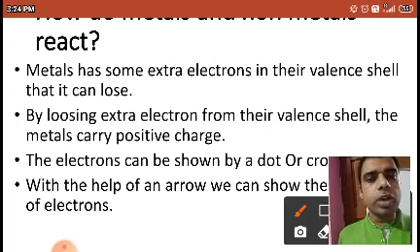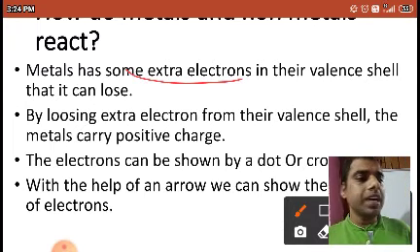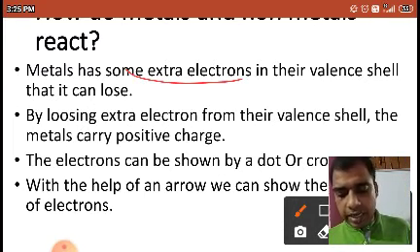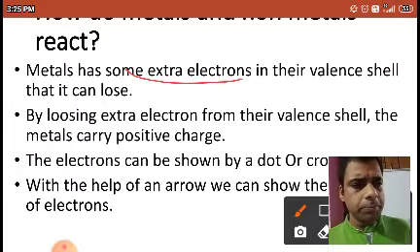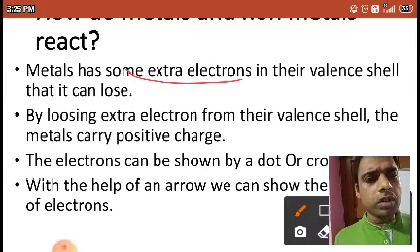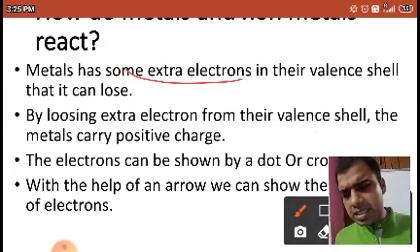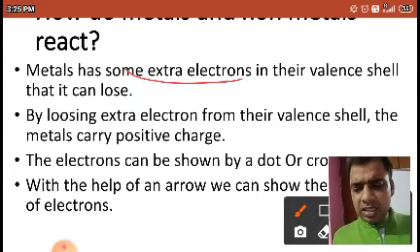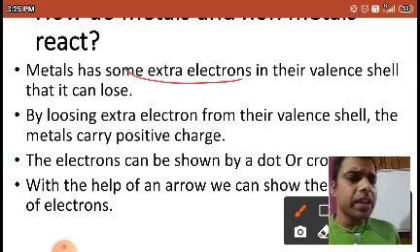Now you have understood that every time metals have some extra electrons, they are rich. And a rich person, if they have lots of money, what will they do? They will donate to the poor people. That's why metals having extra electrons want to lose those extra electrons, okay?